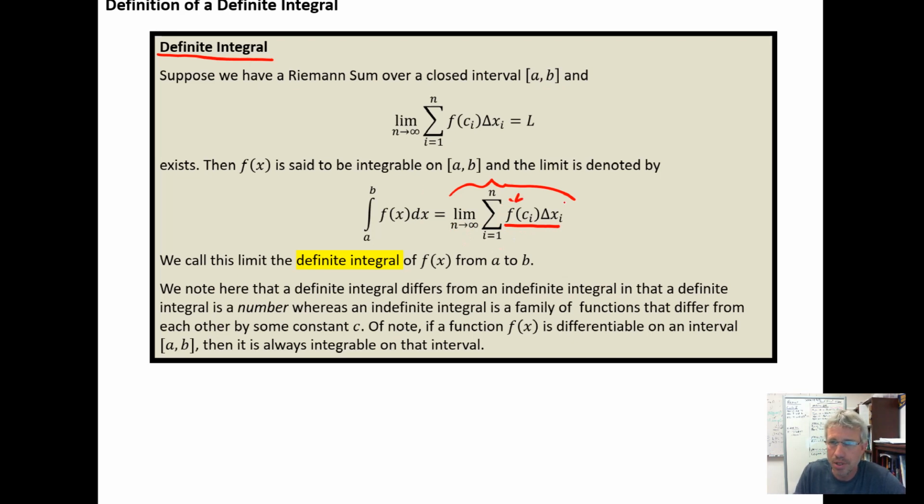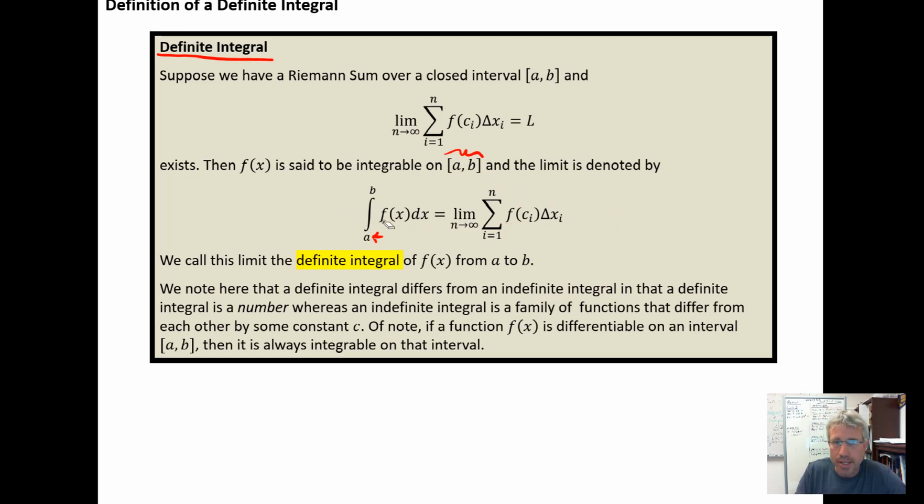We have heights times widths, and we said we're going to use antiderivative notation to represent that. So we're going to call it the integral from a to b of f of x dx, where a and b come from the closed interval over which you're calculating the signed area under the curve.